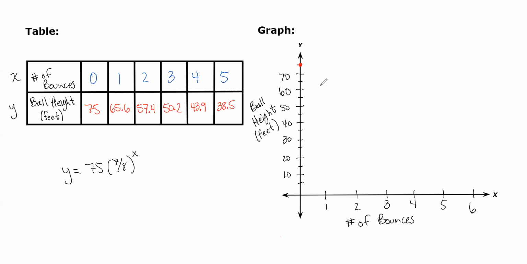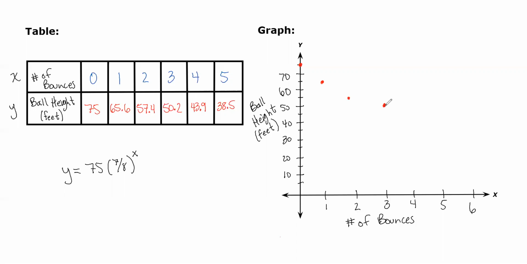We're at 65.6. All right, the next point at 2 will be at 57.4. Again, we're estimating. We're going to do as best as we can. But, you know, it's done by hand. It'll have a little bit of error, and that's fine. We're okay with that.